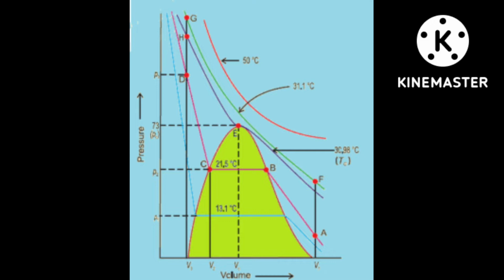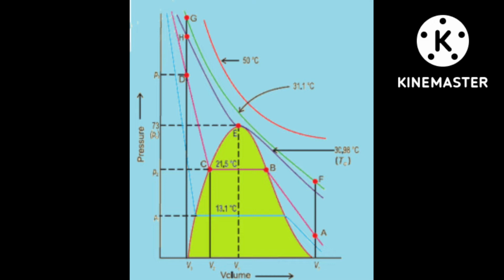But if you try to bring them close, how will you bring them close? There are two methods to bring them close to each other. What are those two things? First, high pressure.